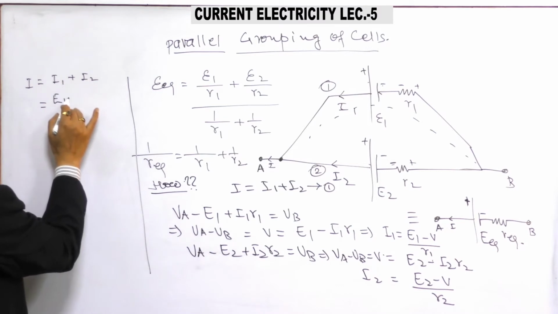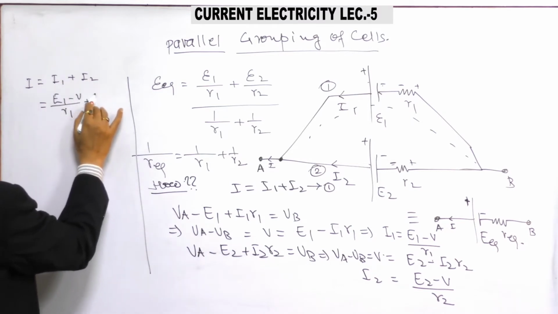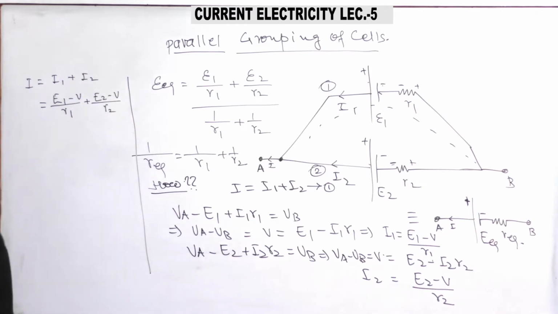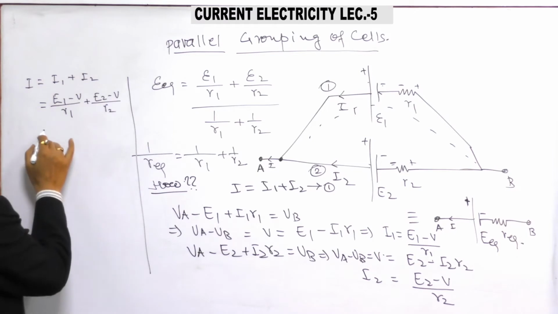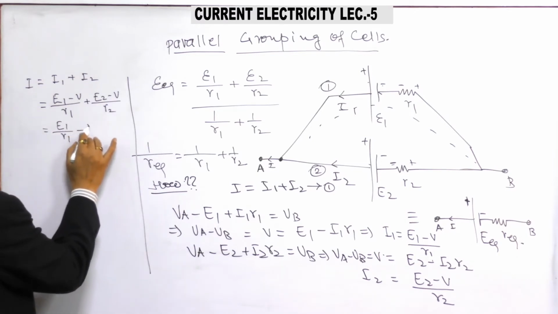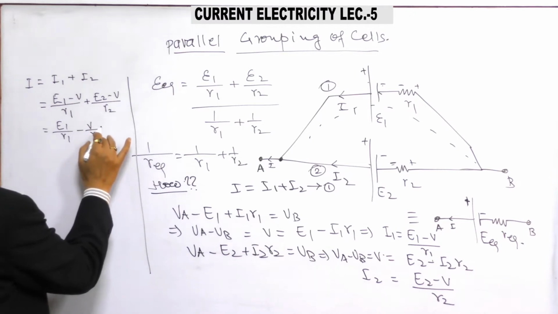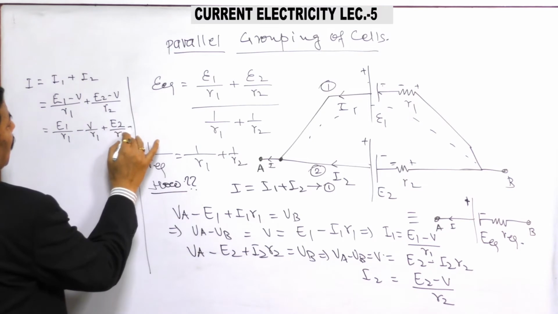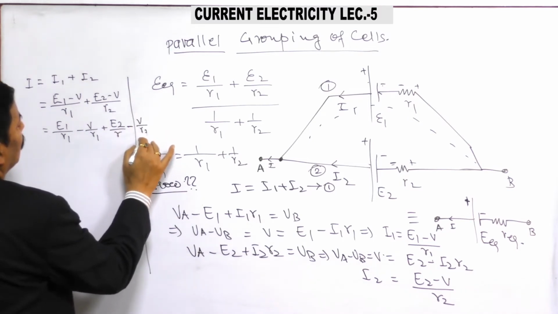E1 minus V by R1 plus E2 minus V by R2. We are getting E1 by R1 minus V by R1 plus E2 by R2 minus V by R2.